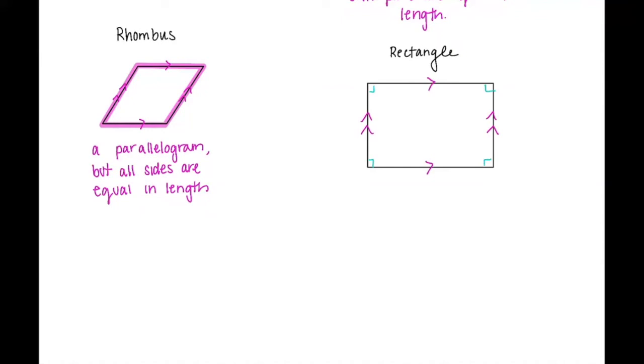So the angles are the same, which isn't the truth here. These two angles will be the same, these two angles will be the same, but that's the only guarantee you have. So a rectangle is also a parallelogram, but all interior angles are 90 degrees.